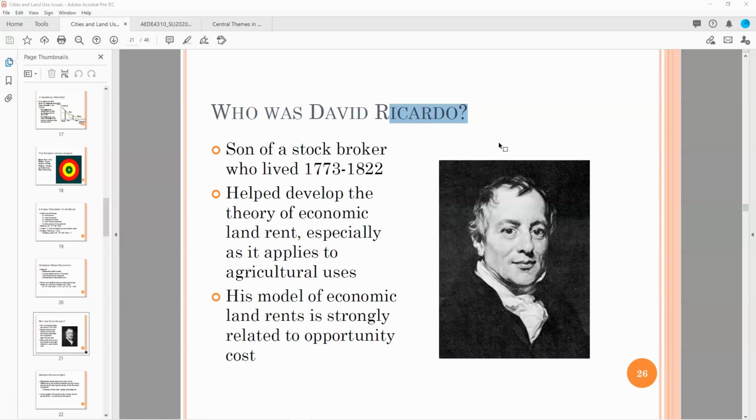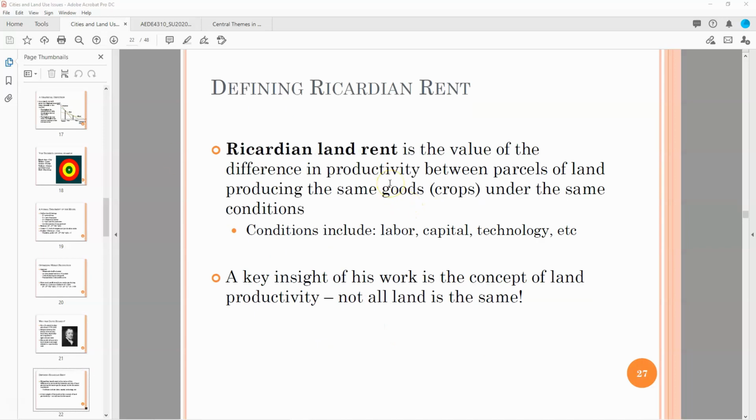And his model of economic land rents is strongly related to opportunity cost. And here is his theory regarding land rent, which is the value of difference in productivity between parcels of land producing the same good under the same conditions, and those conditions include labor, capital, technology, and so on.